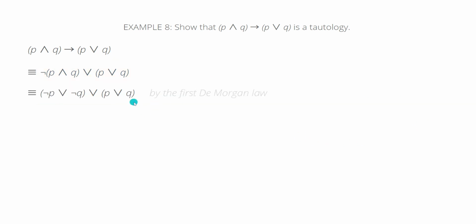In the next line we use the first De Morgan's law, which basically means we take the negation inside the bracket, the and turns into or, and the Q turns into negation of Q. In the next line we have the associative and commutative laws of disjunction.